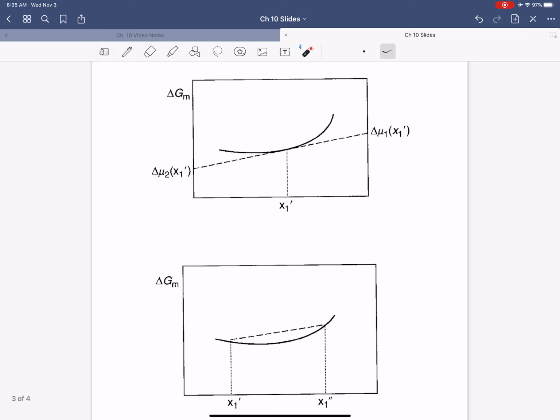Here's another schematic for the case where we have ideal mixing, and we have a curve that forms like a parabola.